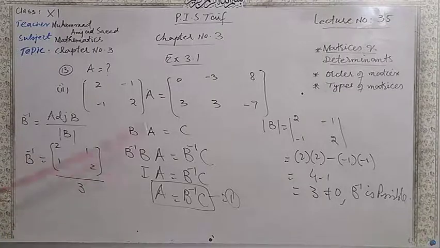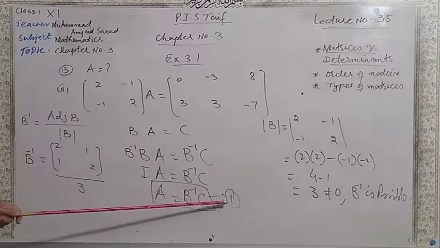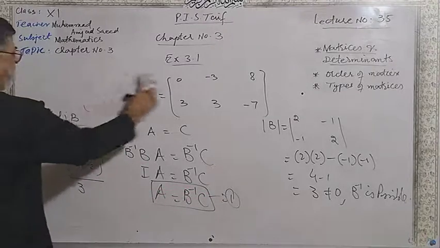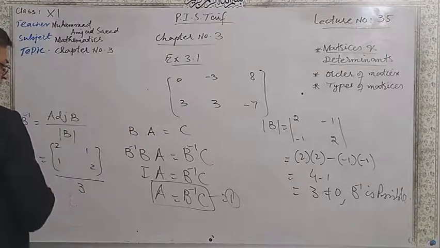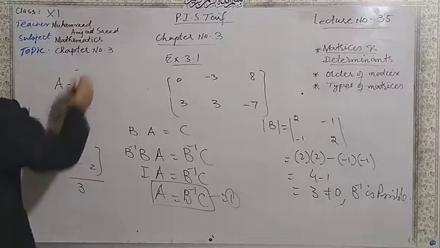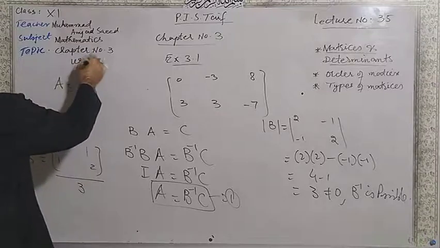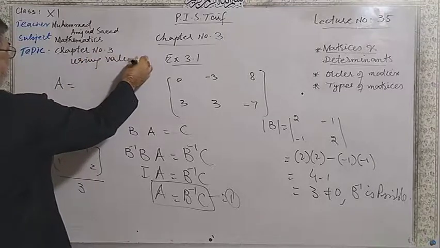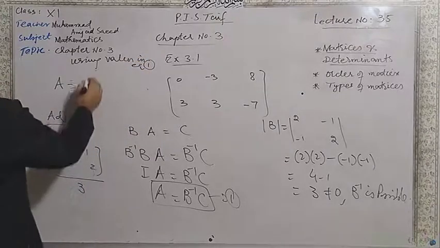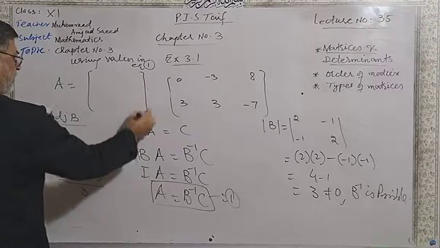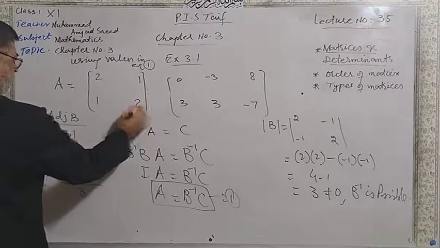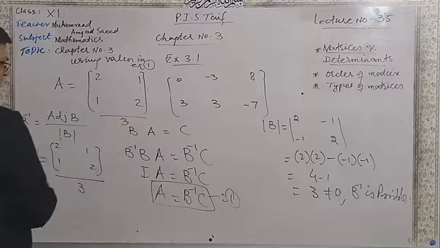Now dear students, we have to apply the values here in equation number 1 on right hand side to find our required value, that is A is equal to, using values in equation 1, A is equal to B inverse. What about B inverse? 2, 1, 1, 2 over 3.